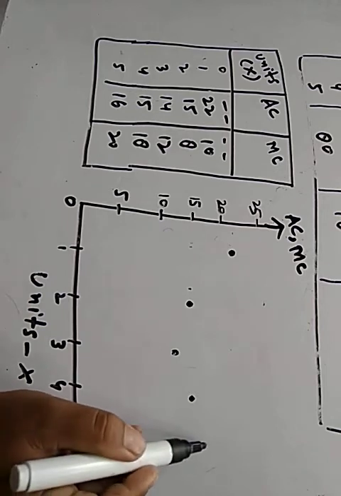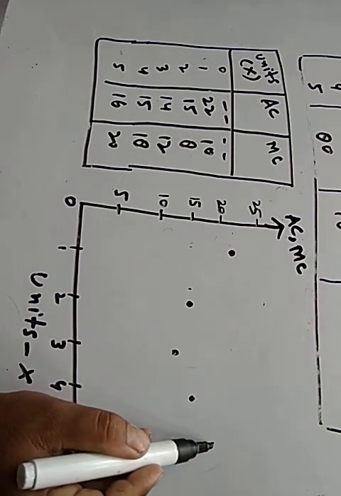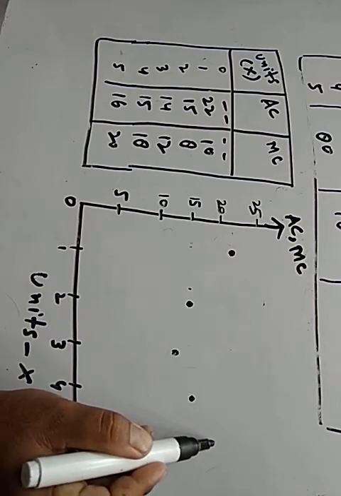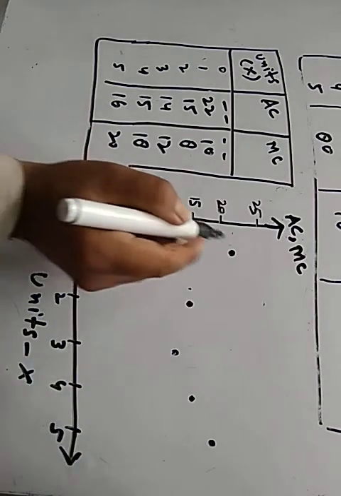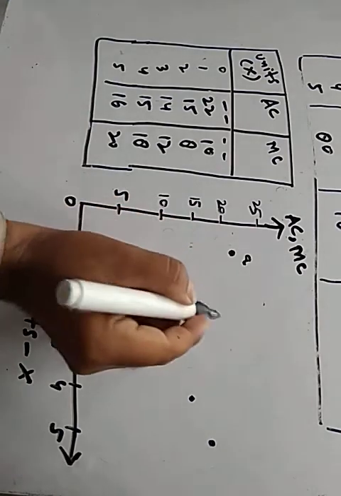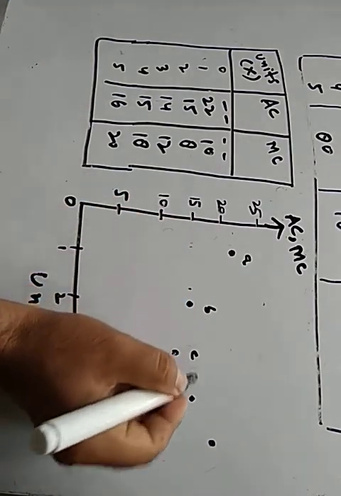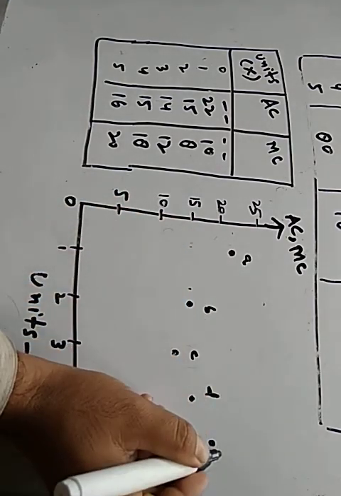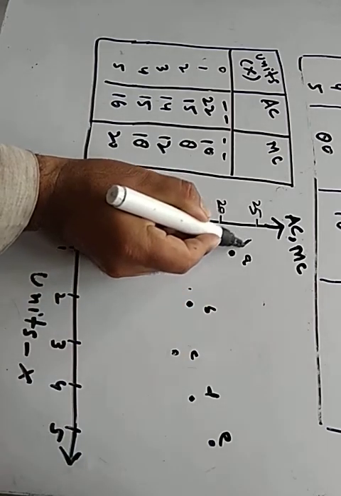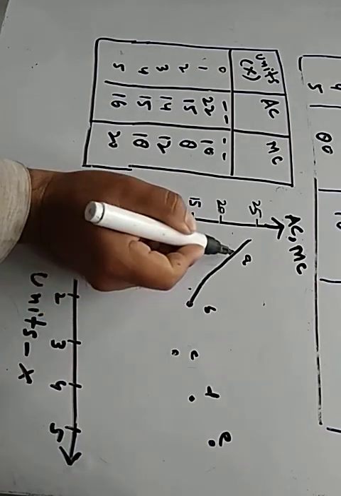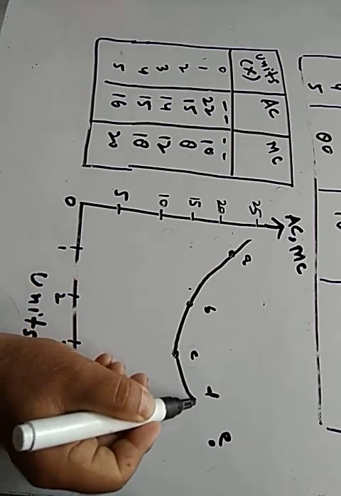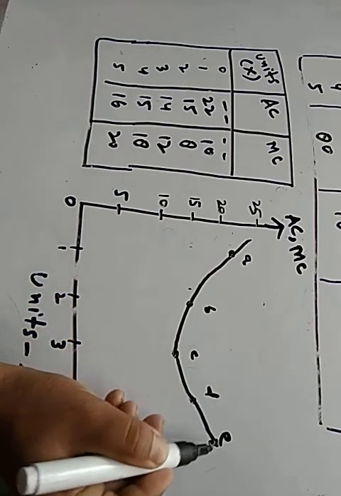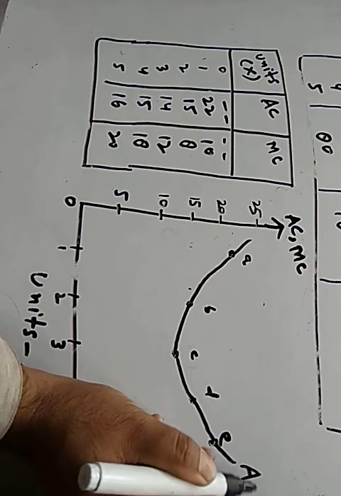Now joining these points, suppose points A, B, C, D and E, we will get a curve which is known as the average cost curve.